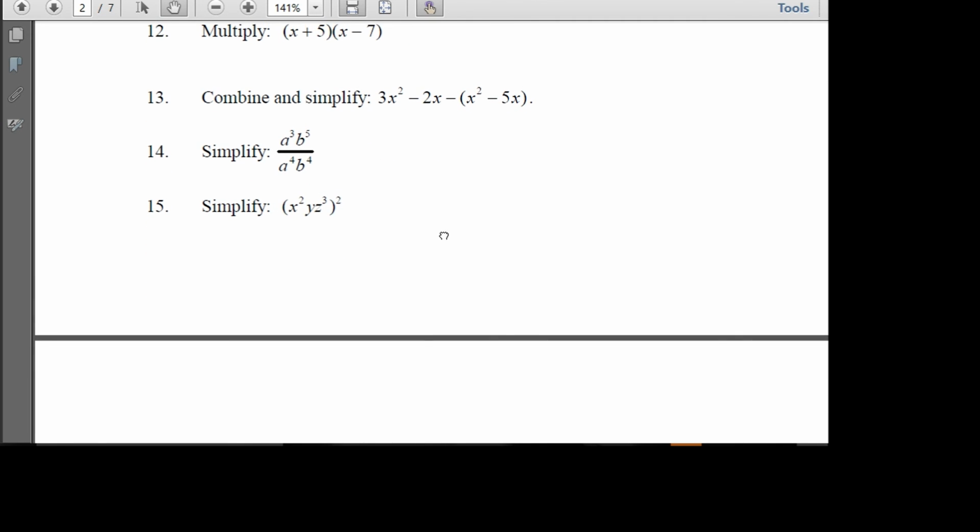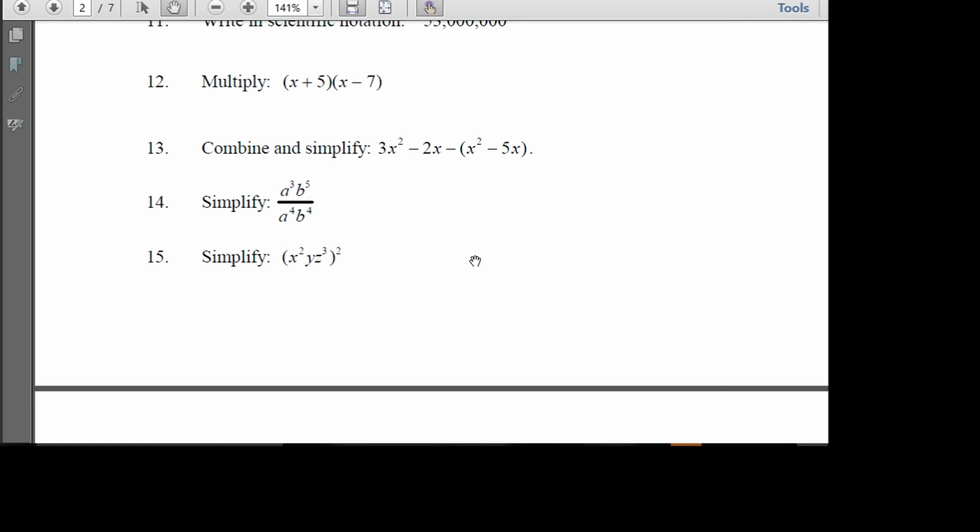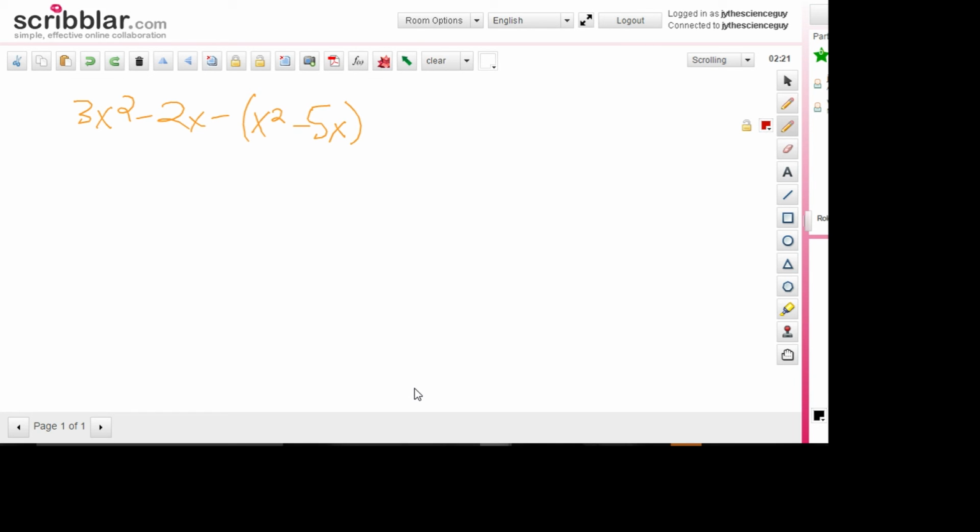Hang on. So what is it? 3x squared minus 2x minus, in parentheses, x squared minus 5x, close parentheses. You're saying start with the parentheses? I'm saying to multiply that negative sign through first and get rid of the parentheses.